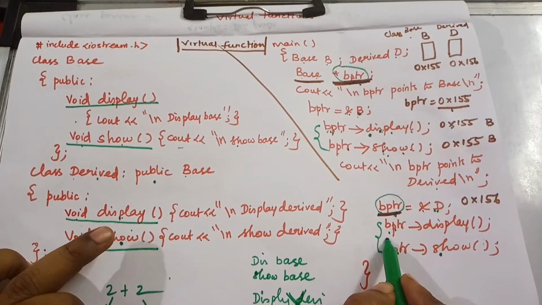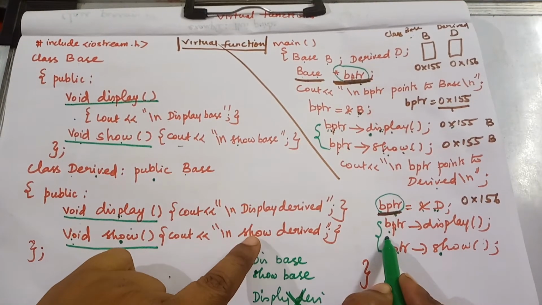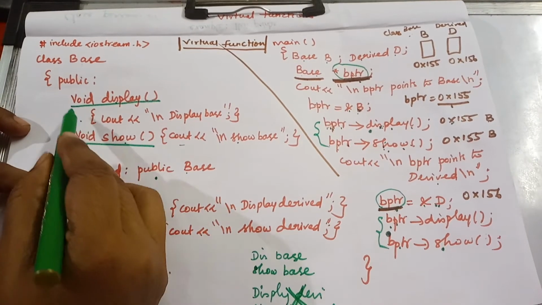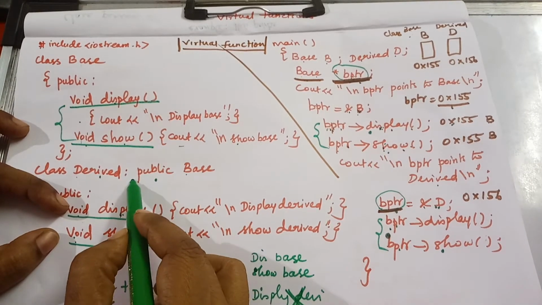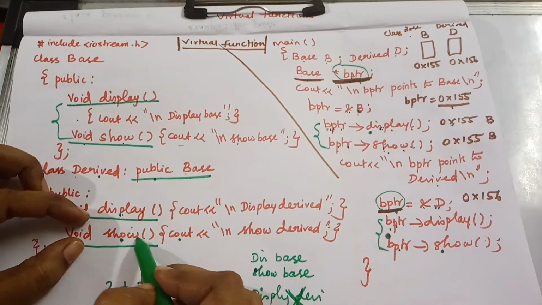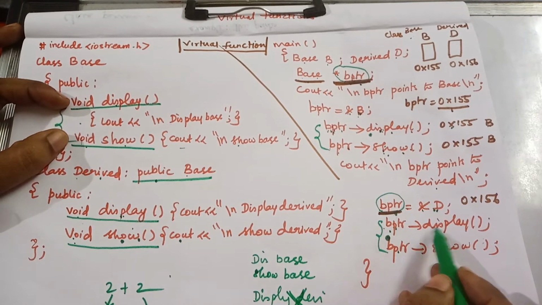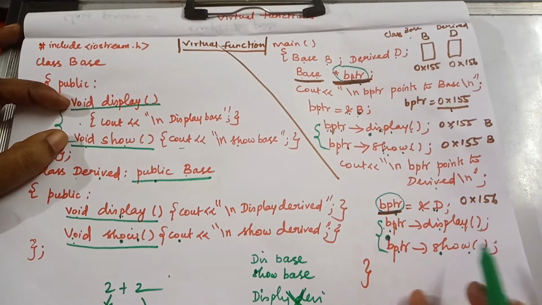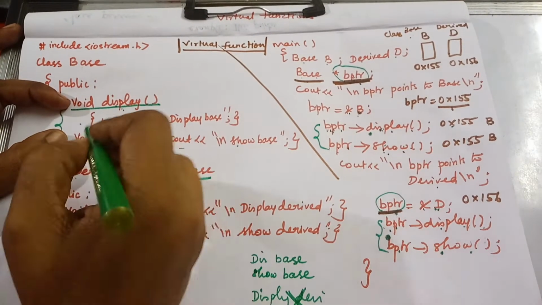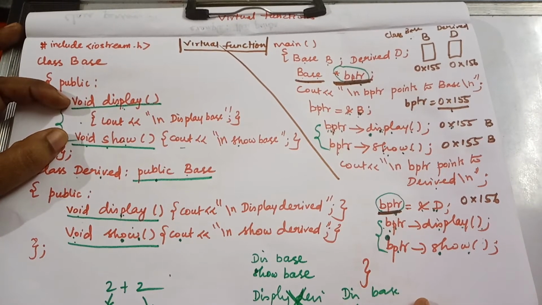It will not print this and this, because your derived class consists of these two functions as well as these two functions, because you have derived the base class characteristics here. So it consists of this member function plus this member function. So whenever you are using this statement and you are calling display and show, directly it calls the base class member functions.